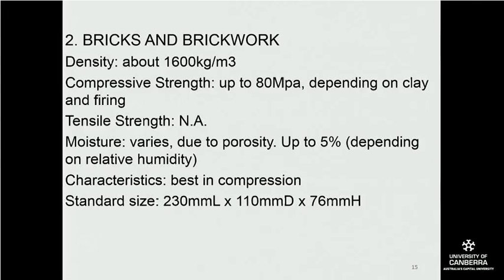In the 60s and 70s, around the time when the metric system came into Australia, a new dimension for bricks came in called the metric modular brick. The metric modular brick is something like 400 or 390 by 90 by 90. Okay?